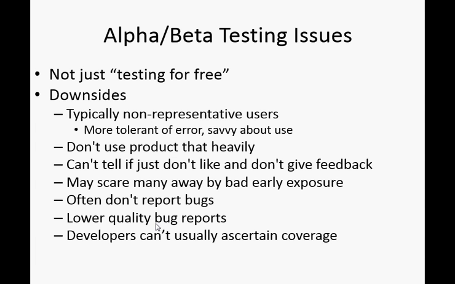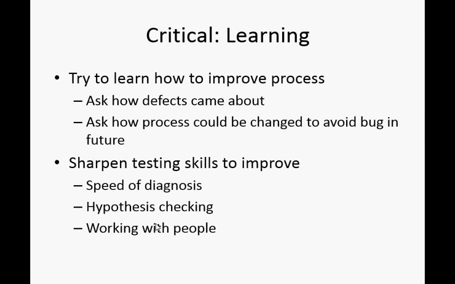So think about automated reporting being crossed with beta testing. Then you've got something really good going. But it's hard for developers to ascertain coverage without instrumentation of the code that might record where people have gone within this code base, and that can require some extra efforts.